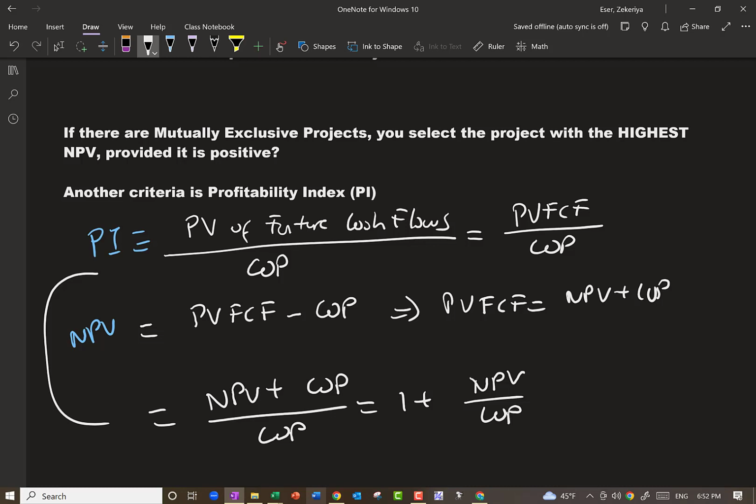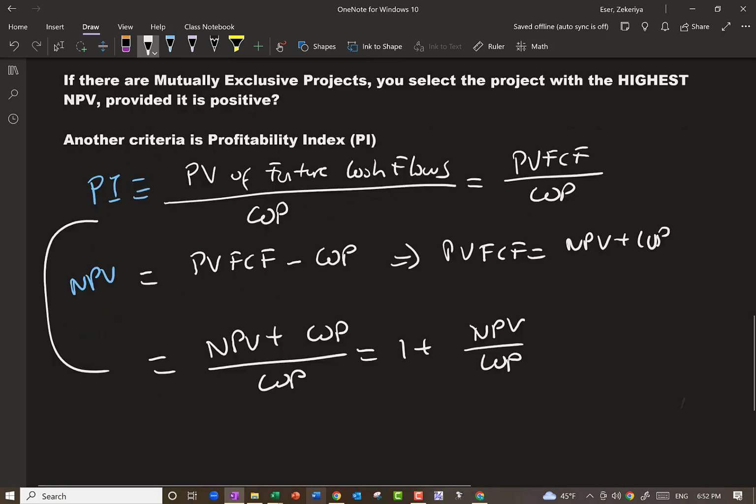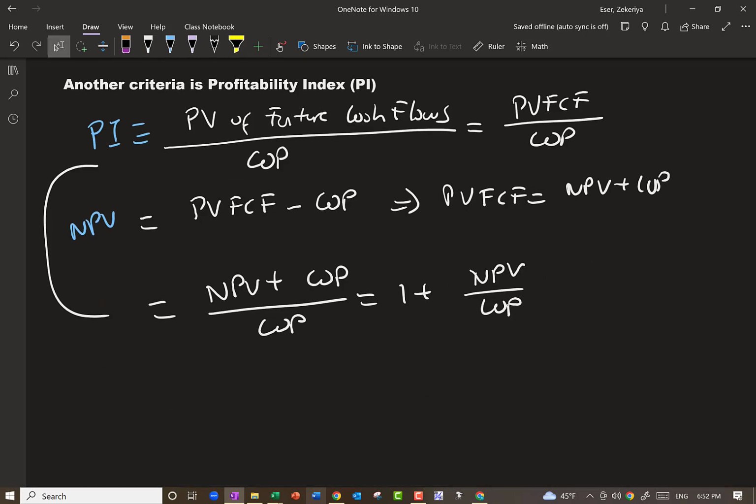So if you calculate NPV, you can automatically calculate PI, or if you have PI, you can figure out NPV. Alternatively, NPV is COP times PI minus 1.